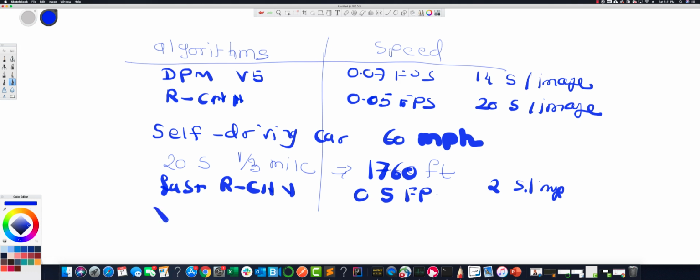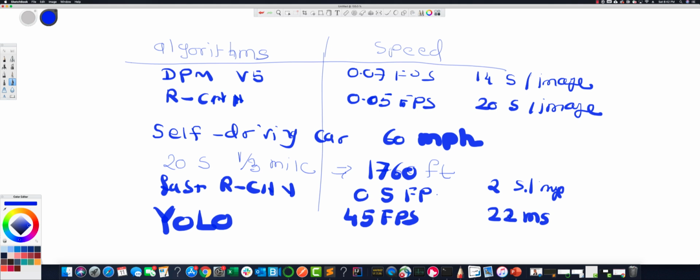But if you use YOLO, the speed of YOLO is 45 frames per second, and it can identify objects within 22 milliseconds per image.